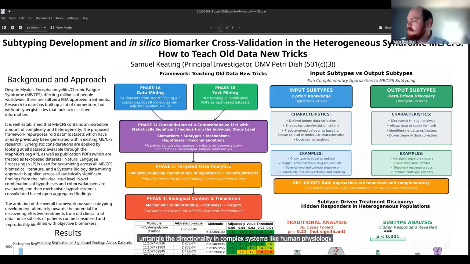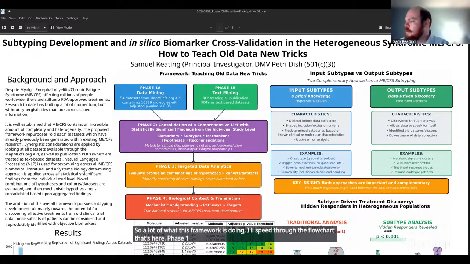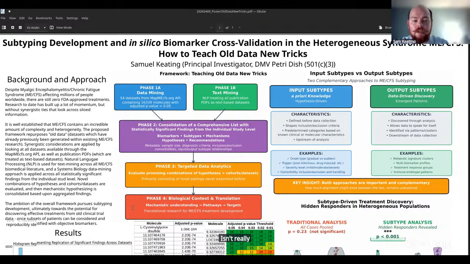So a lot of what this framework is doing, I'll speed through the flow chart that's here. Phase 1A, 1B, 2, 3, and 4. The tail end, phase 4 here, isn't really hoping to question the validity or accuracy of old analyses. I'm just trying to figure out what does it all mean in context, synergistically together in the big picture.